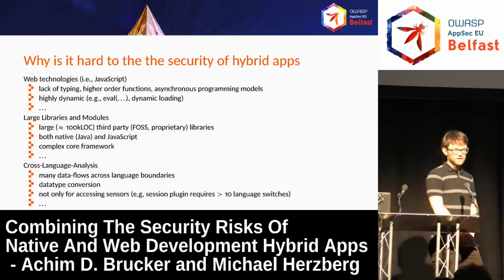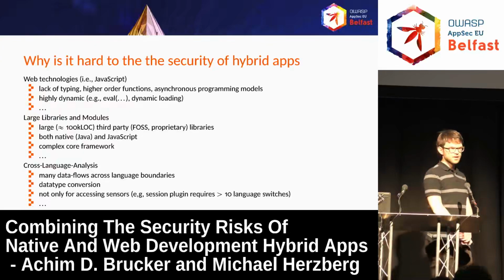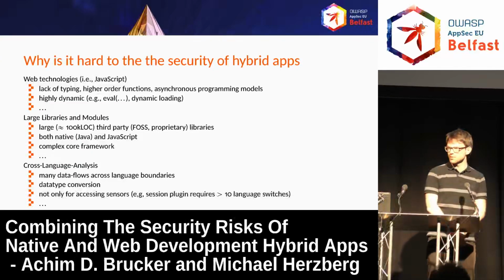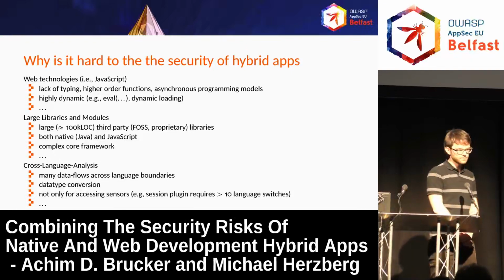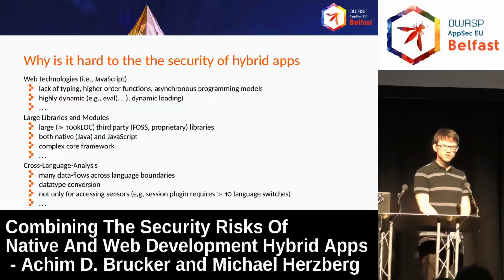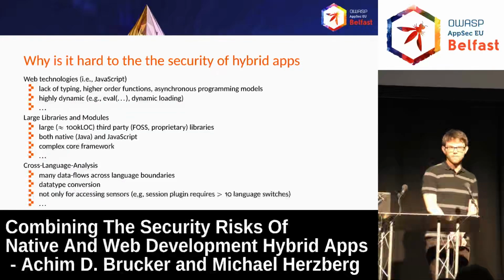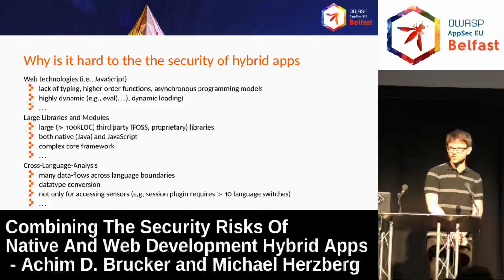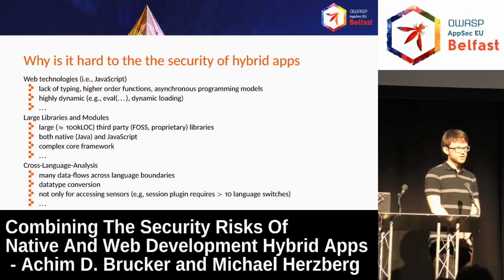You don't have typing, you have higher order functions, a very asynchronous programming model, which is rather different from your regular Java programming. And JavaScript is highly dynamic, provides nice functions like eval. And usually you have big JavaScript libraries, not just on the JavaScript side, also on the Java side, that make your whole project even larger and more complex, in addition to a complex framework such as Apache Cordova.